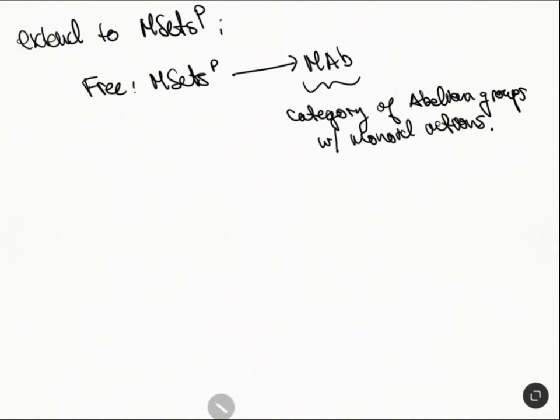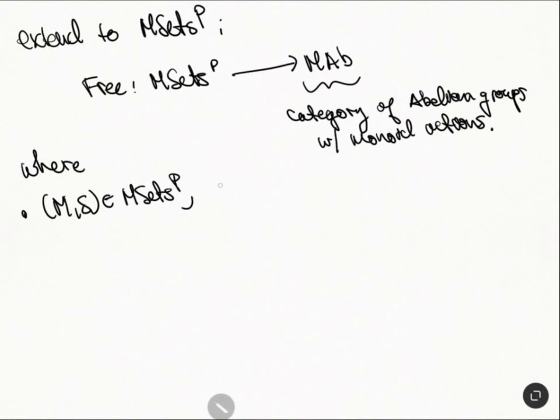Okay, and so how does this work? For MS in here, it's a set with a monoid action, an object of this category.